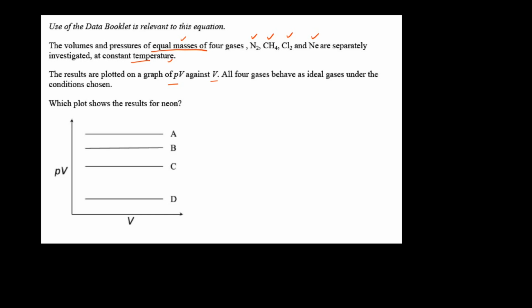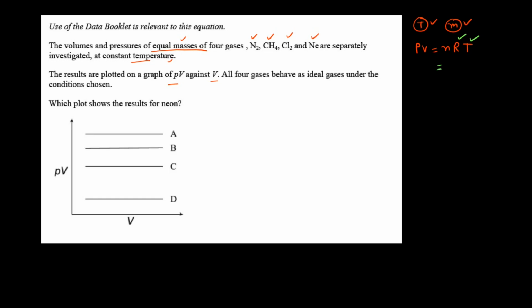Okay, so temperature is constant, right? T is constant and the mass is also constant. So if I have this ideal gas equation, PV equals nRT, in this equation my T is constant, gas constant is also constant, and mass is constant.